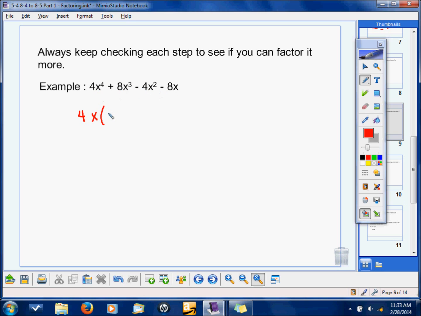So we bring out a 4x times x cubed plus 2x squared minus x minus 2, because that all goes in, right?